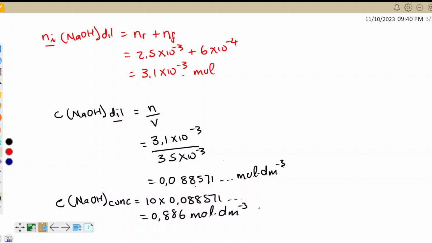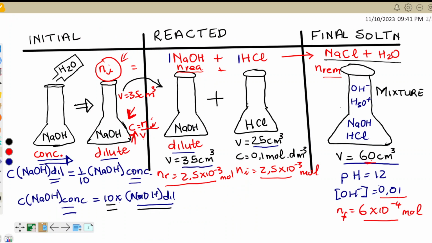So this is the final answer for the concentration of the concentrated. I hope this makes sense. So that's how we were able to find the concentration of the concentrated. It was 10 times the concentration of this one.